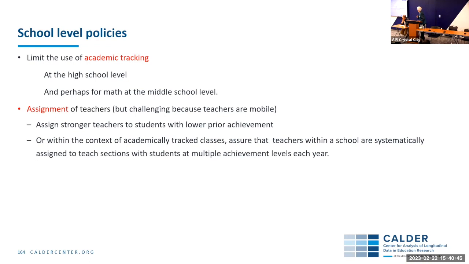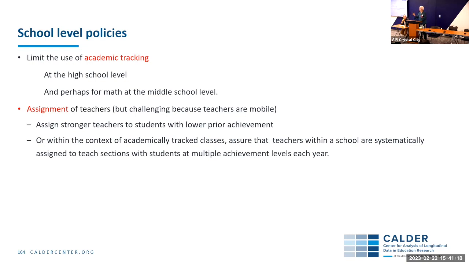So maybe what you do is if you have academically tracked classrooms, maybe the policy solution is to make sure all teachers in that high school or wherever you are have access or end up teaching classes with students of different characteristics, so that within the school you equalize things.